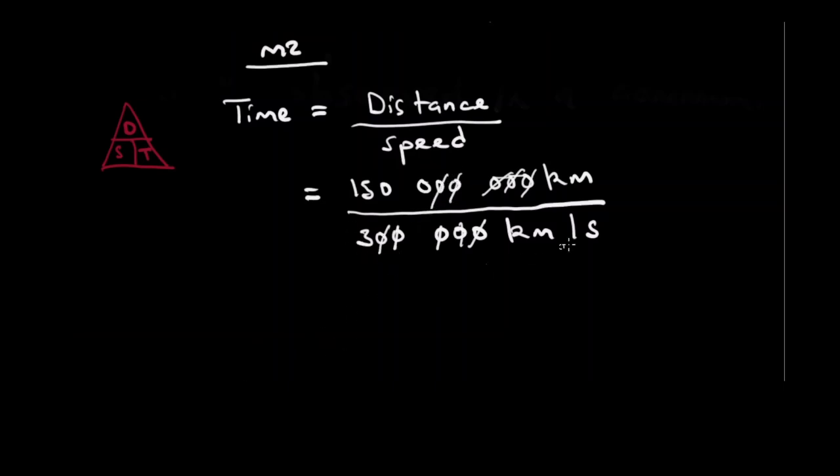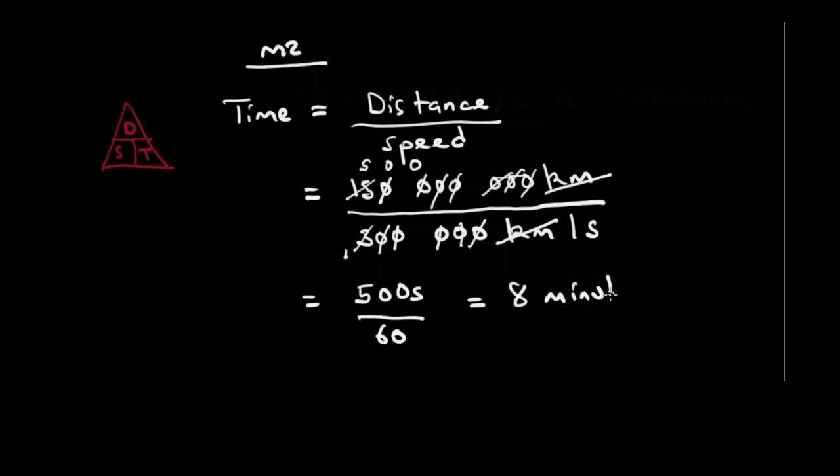We are left with 1,500 over 3. The kilometer cancels out again. 3 into 3, that is 1. 3 into 15 is 5. Into 0 it's 0, and into 0 it's 0. So here we have 500 seconds. And converting 500 seconds by dividing with 60, we are eventually going to get 8 minutes, 20 seconds.